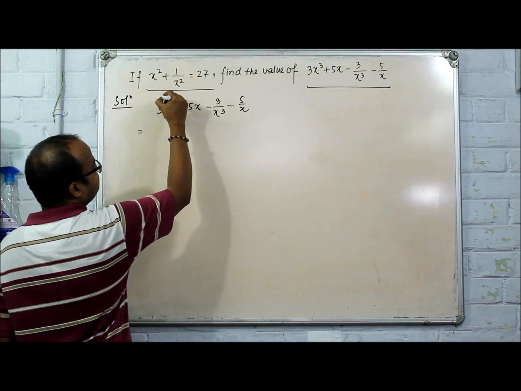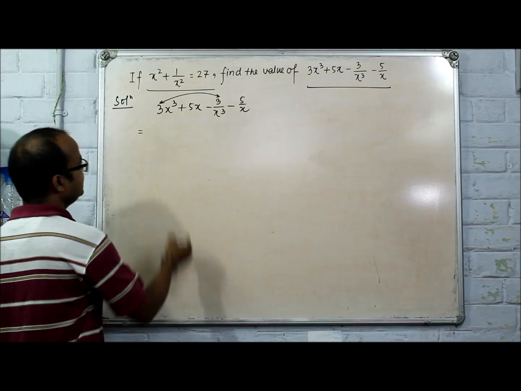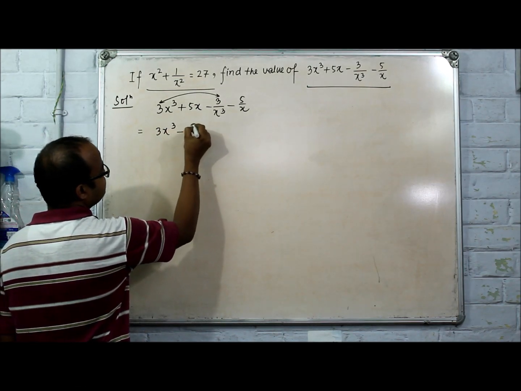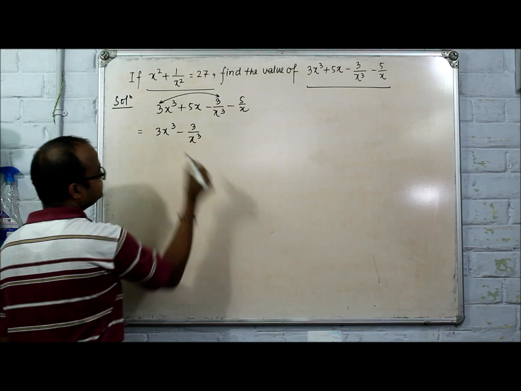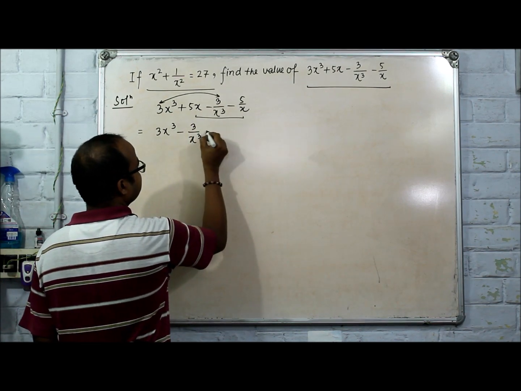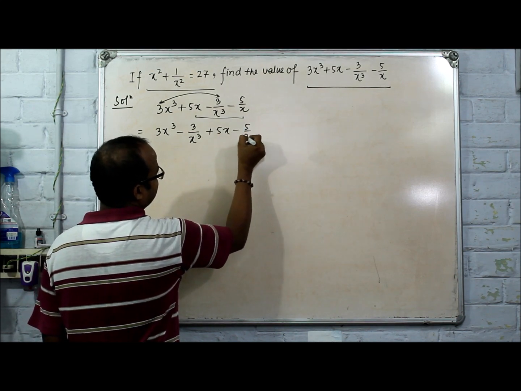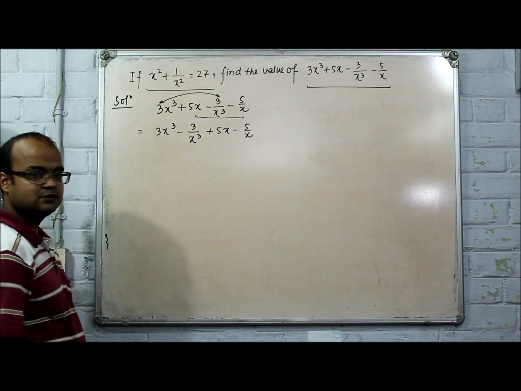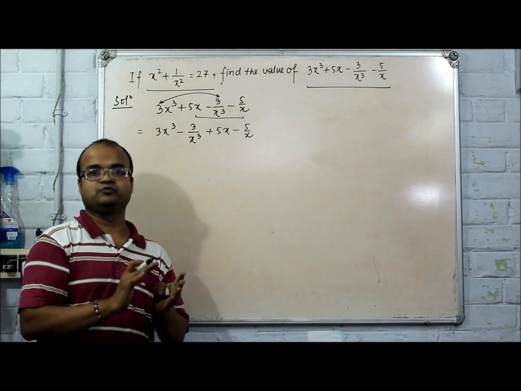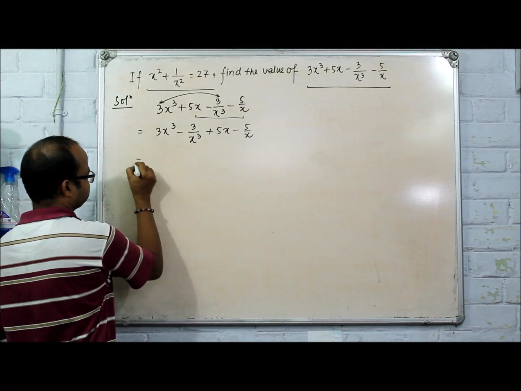For this, I am keeping these two terms together, 3x cube minus 3 by x cube, and these two terms together, plus 5x minus 5 by x. Clear? This is called the rearrangement of terms. We rearrange the terms.